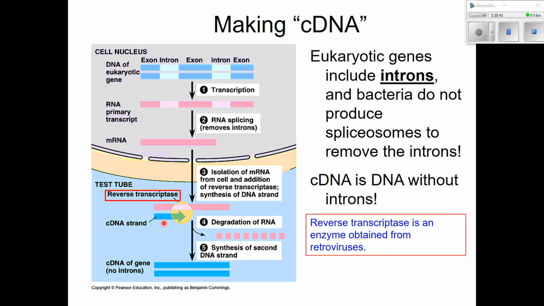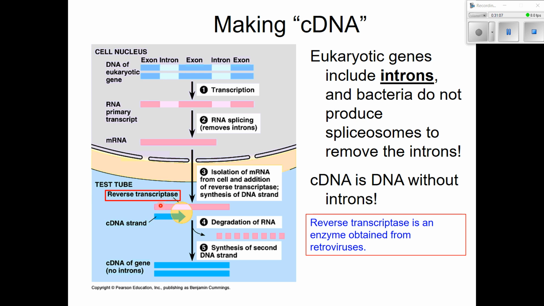So instead of going from DNA to RNA, which is what transcription is, it goes from RNA to DNA. So the enzyme reads the A's and the G's and the C's and the U's on the messenger RNA, and it creates a complementary DNA strand, just a single strand of DNA initially. So if there's an A on the RNA, it puts down a T here.